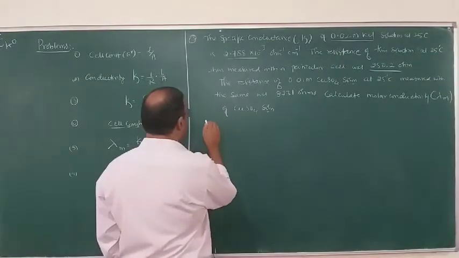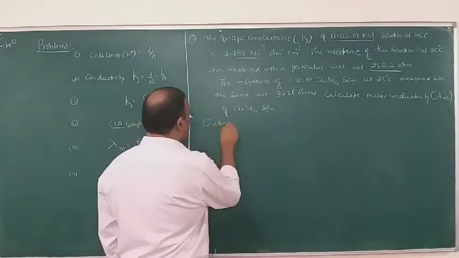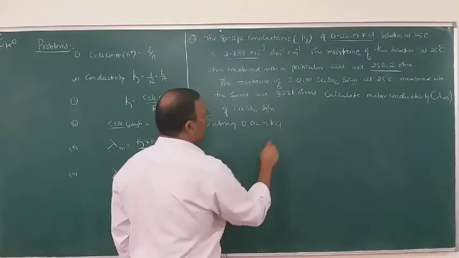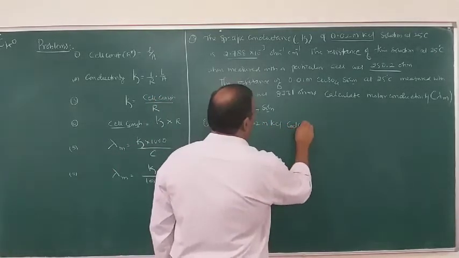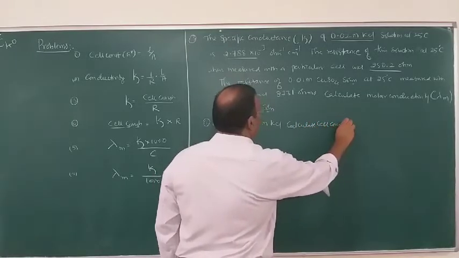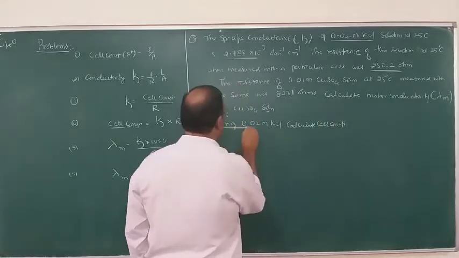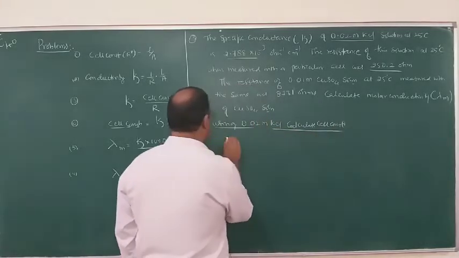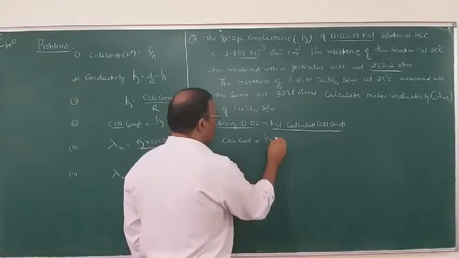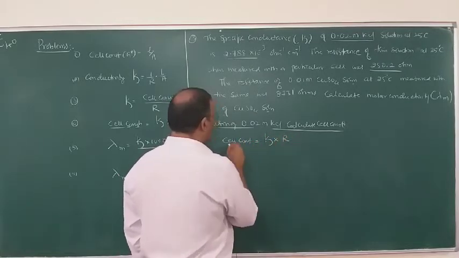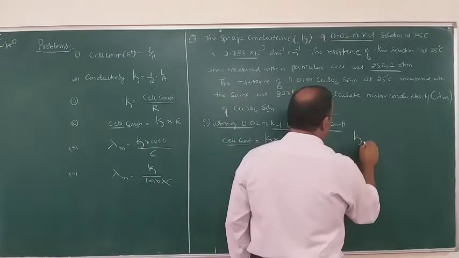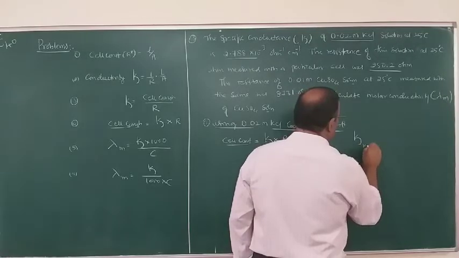So first, using 0.02 molar KCl, calculate cell constant. What is cell constant? Cell constant is equal to specific conductance into R. So what is specific conductance of KCl solution?